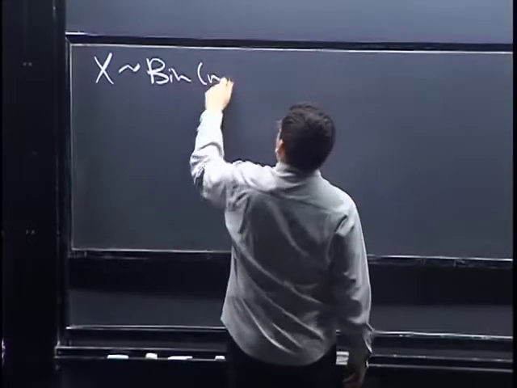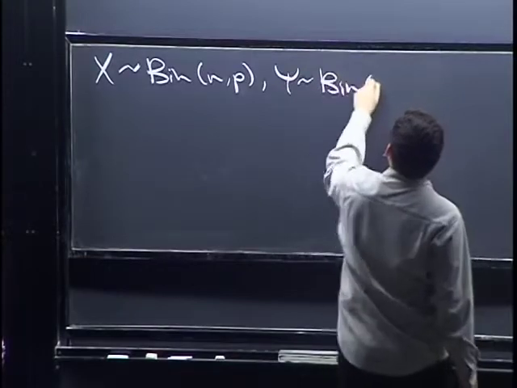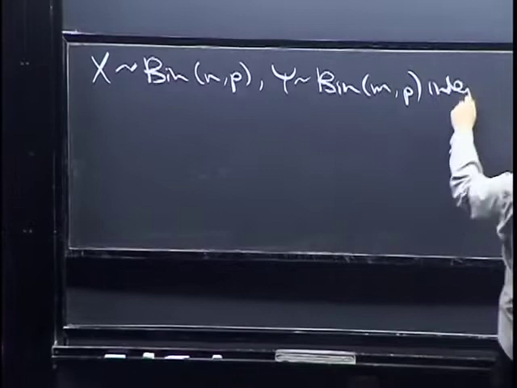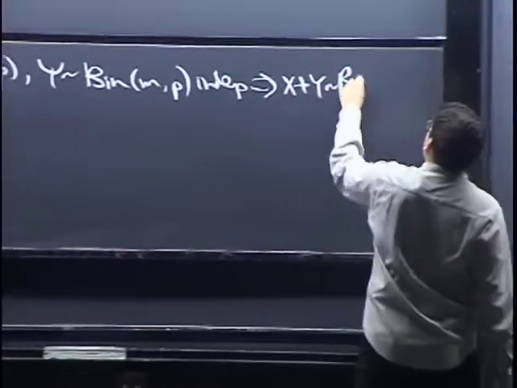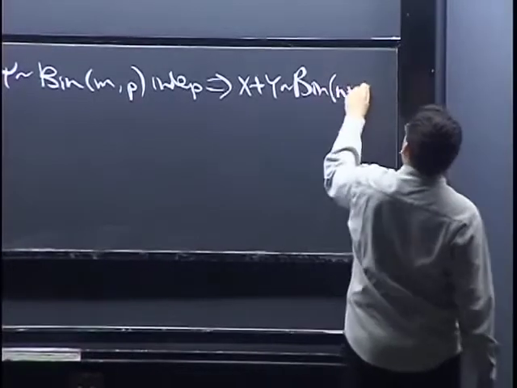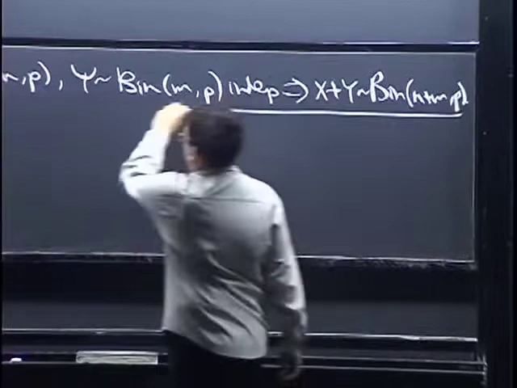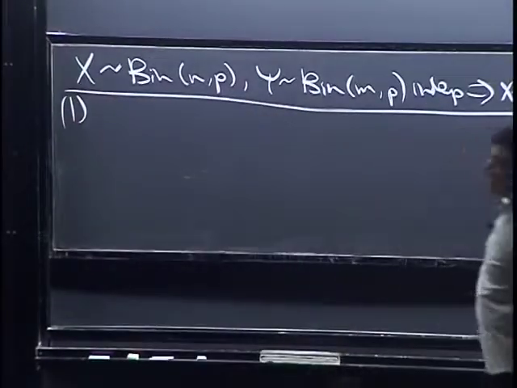X is binomial n, p, Y is binomial m, p, and they're independent, and we want to show that the sum is binomial n plus m, p. Okay, so that's what we did at the very end last time, but I want to show you different ways of seeing this.